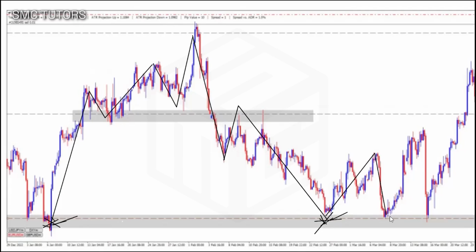It came back down there again, still bounced off that level, and went back up again, giving us a structural shift. It came back down again, bounced at that point, then we had the move go to the upside. So once you understand this concept of support and resistance, you will see the market in a different light.